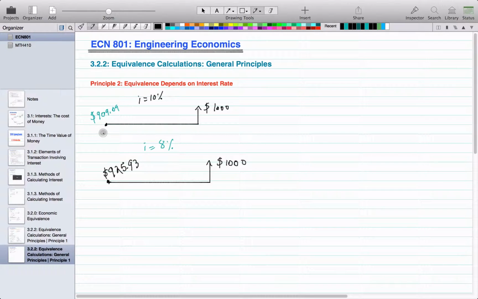So if this was 0 and 1, these two are equivalent at 10%, but they're not equivalent at 8%. So that's what the equivalence depends on interest rate principle is.